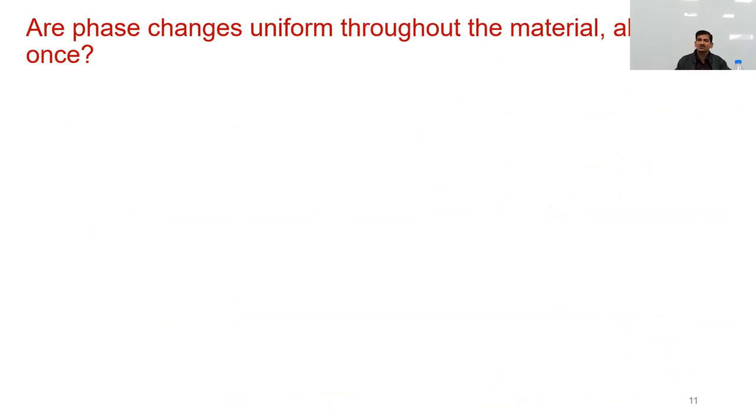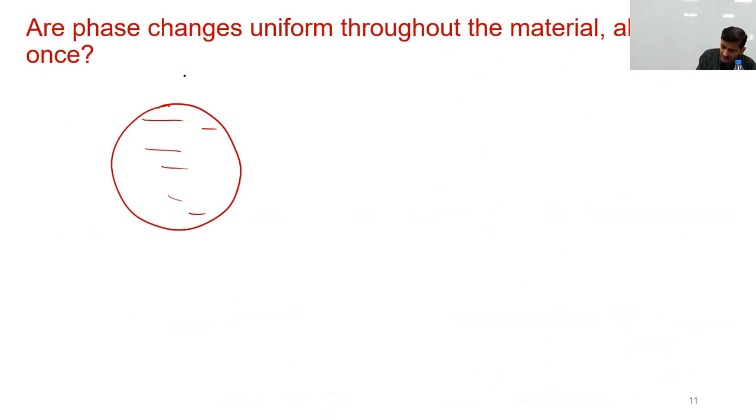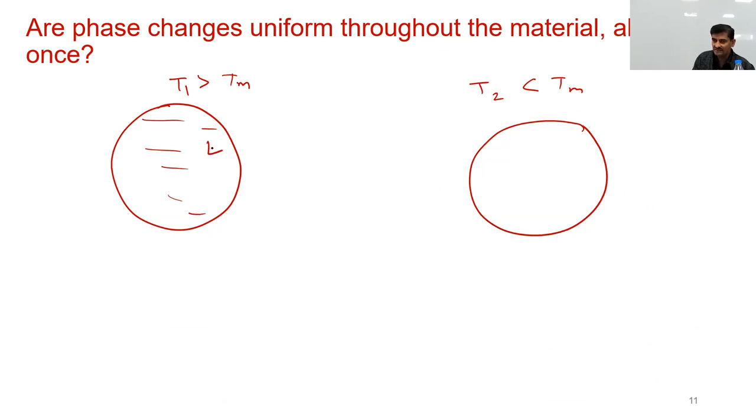Now the question is, suppose we have a liquid at a temperature T greater than Tm, and now we go to a temperature T2 less than Tm. Thermodynamically, the solid is the stable phase. So what does it mean?